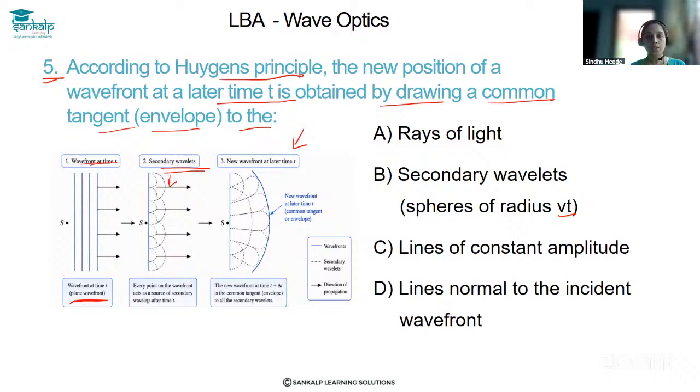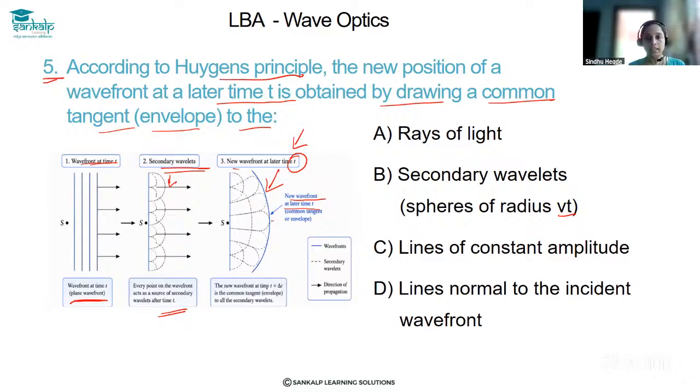Every point on the wavefront acts as a source of secondary wavelets after time t. So after this, a new wavefront is generated at a later time t. This image shows the new wavefront at a later time t. It is the common tangent or envelope.